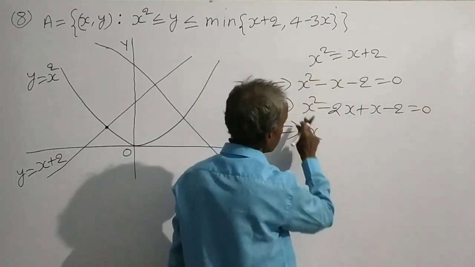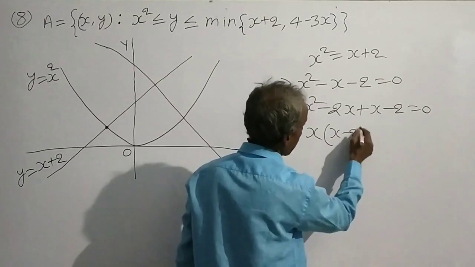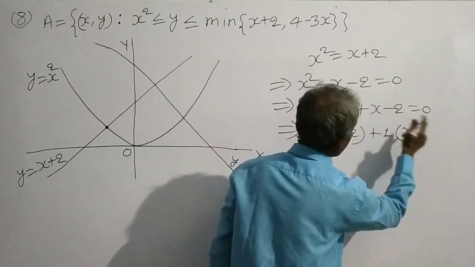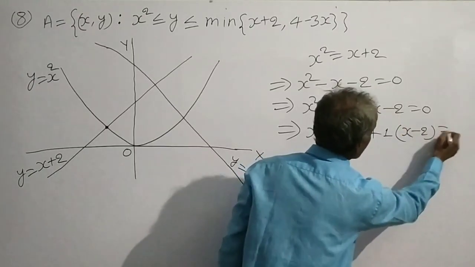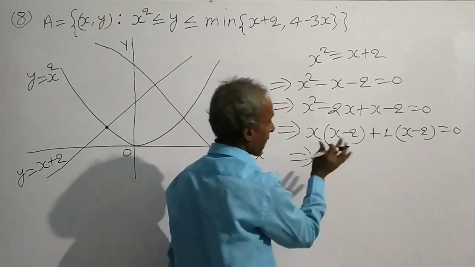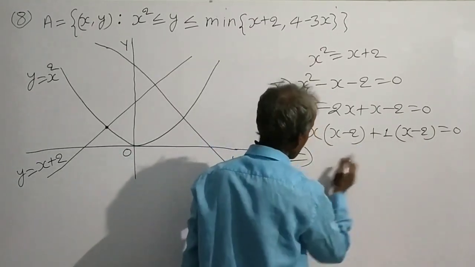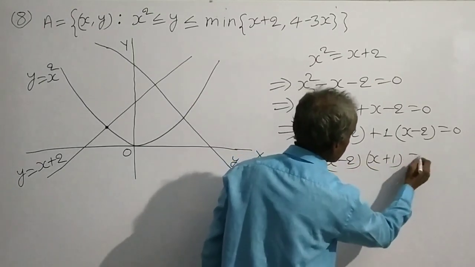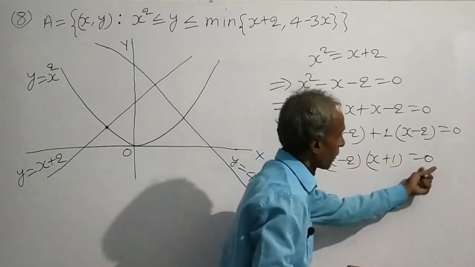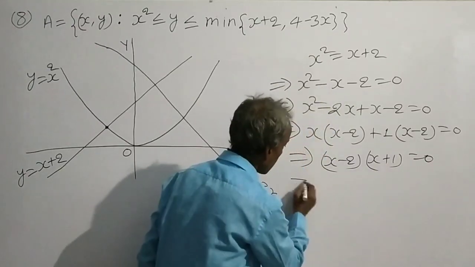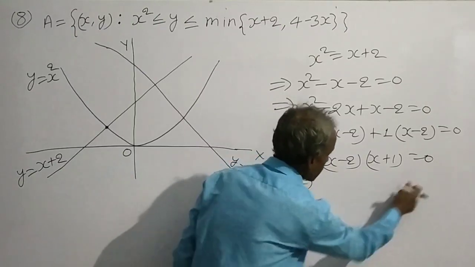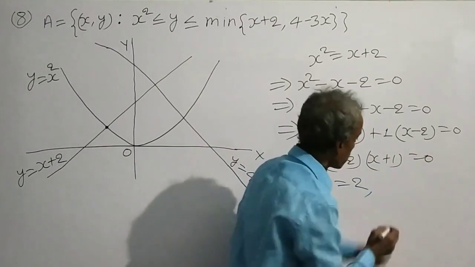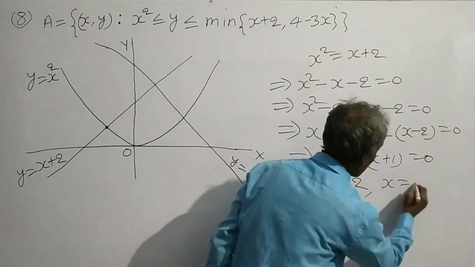This implies taking x common, x into x minus 2, plus taking 1 as common, there is left x minus 2, is equal to 0. This implies taking x minus 2 common from these two terms, x minus 2 times x plus 1 is equal to 0. Either this is equal to 0 or this is equal to 0. From this is equal to 0, we get x is equal to 2. And from this is equal to 0, we get x is equal to minus 1.